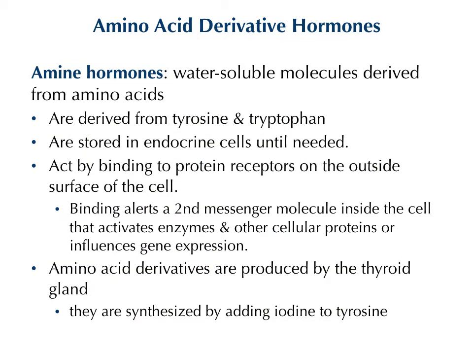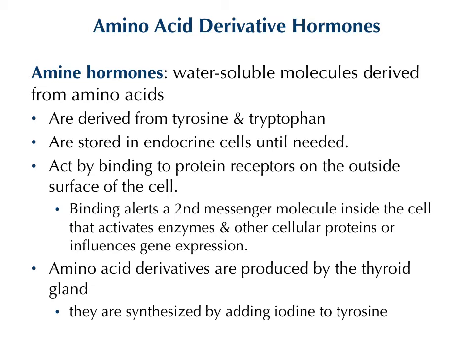Amino acid derivative hormones are water-soluble molecules that are derived from amino acids. Most are derived from tyrosine and tryptophan. They are stored in endocrine cells until they're needed. We will further see how they act by binding to protein receptors that are on the outside surface of a cell versus the steroid that act on the inside of the cell.